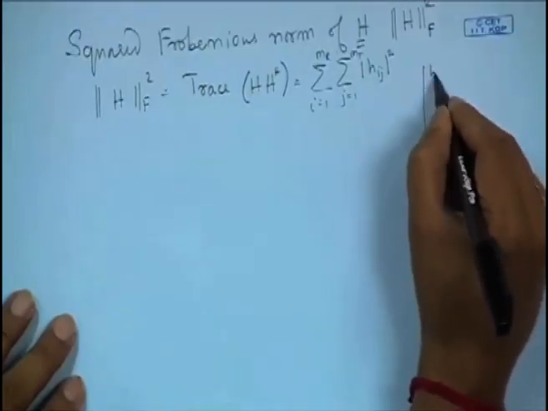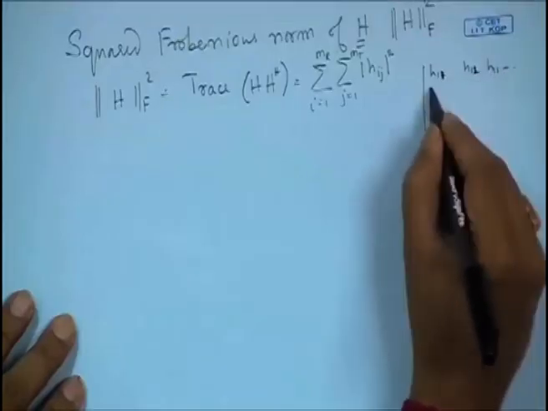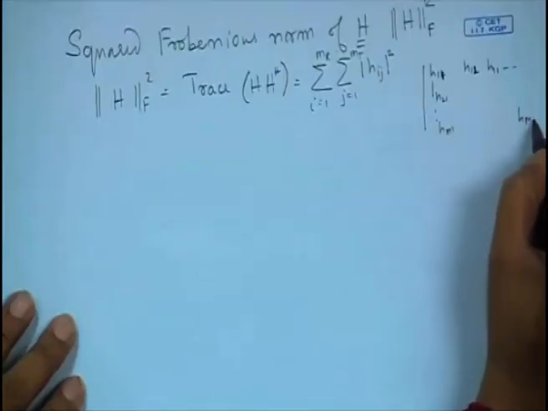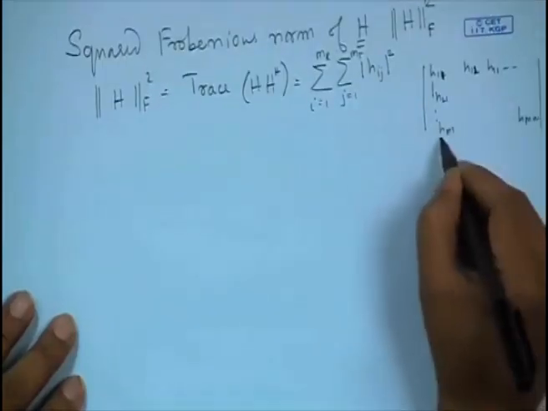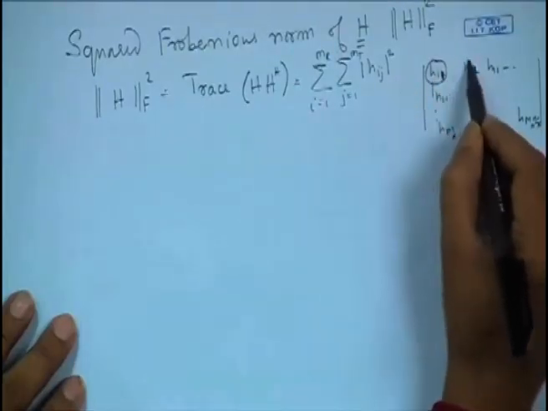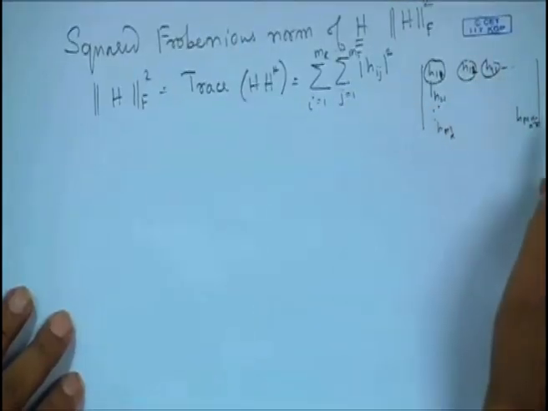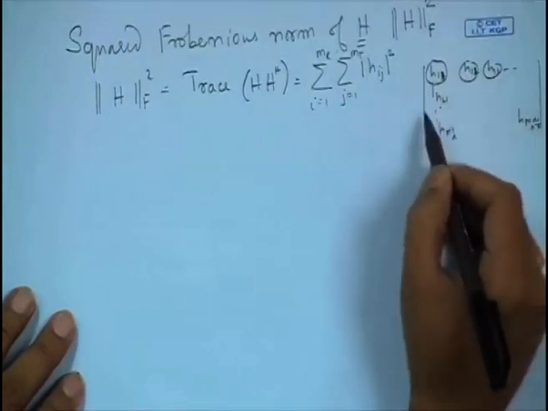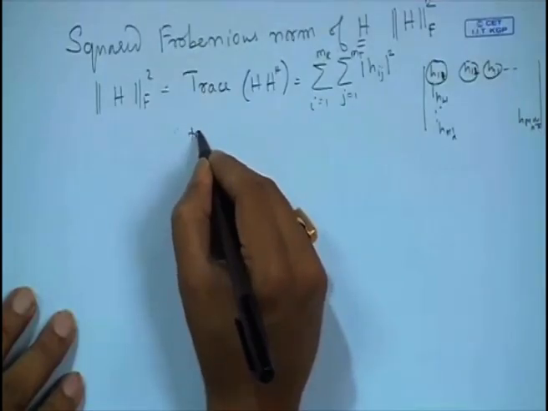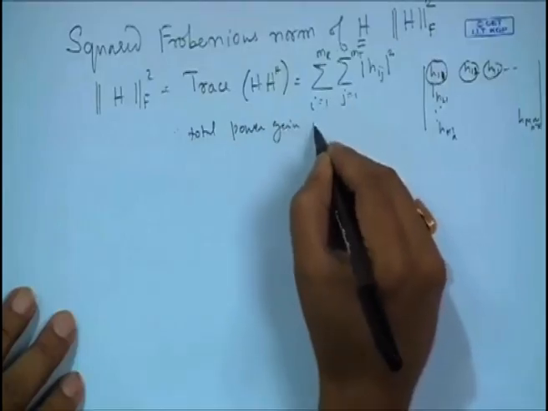So if we have h11, h12, h13, and so on, h21 up to hm1, finally hmm in case of HW channel, otherwise h mr1 up to h mr mt. So this squared plus this squared plus this squared, all of them squared. So what we are getting is the strength of the channel. In other words, this can be interpreted as the total power gain of the channel.